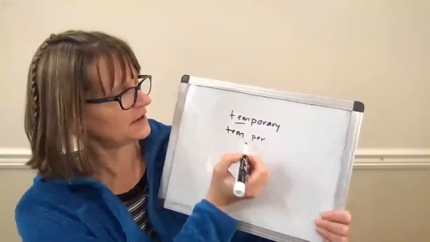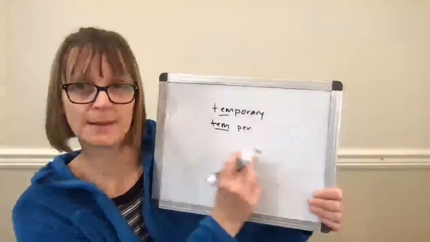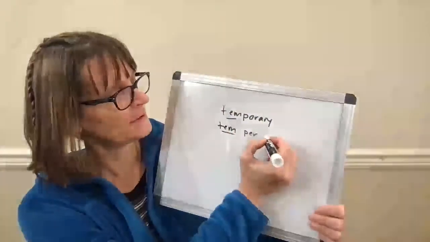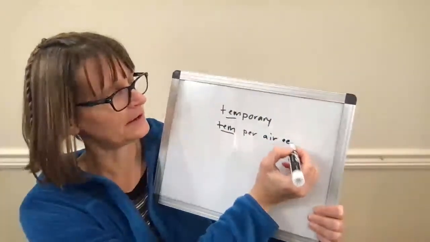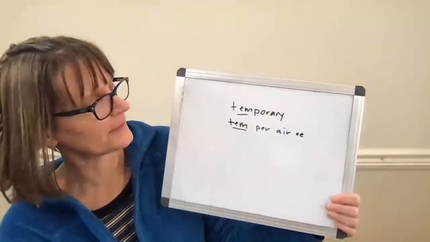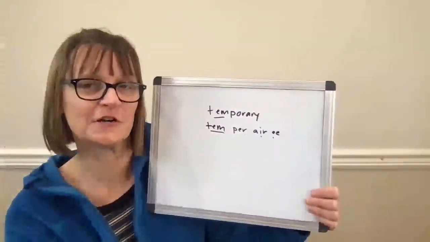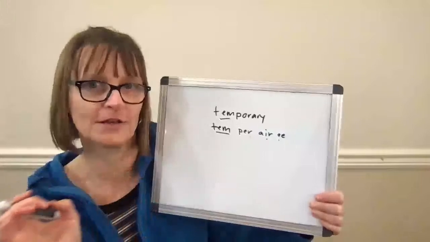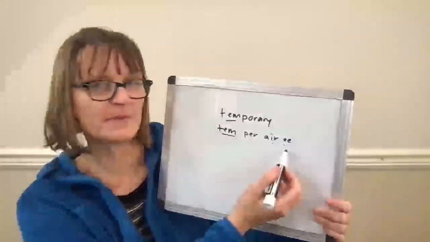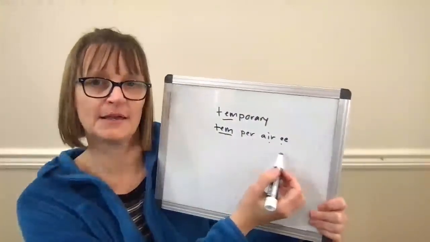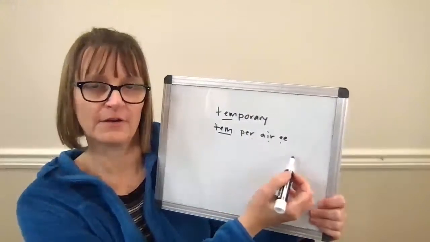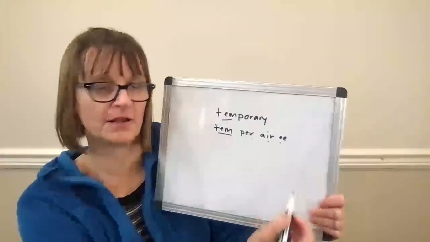So if you can say, start with temper, temporary. It's just that the per-ary is very fast and it's very tough for some people to do quickly. So you could build from the back also. Airy, temporary.